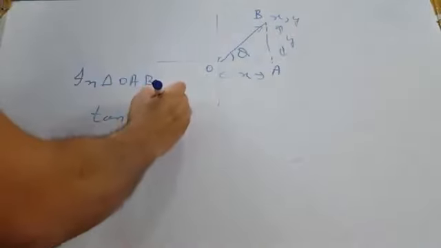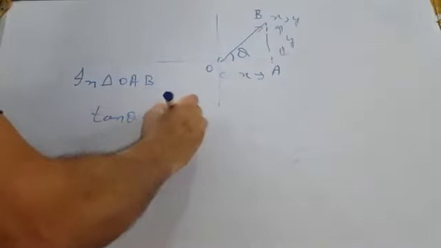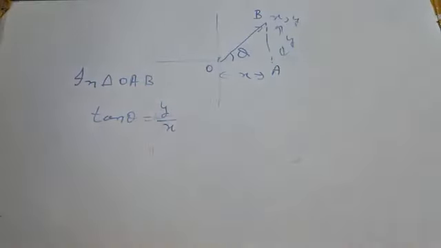So tangent theta will be y by x. So if you know the coordinates of the particle at any time and you want to calculate the angle of that vector with the x-axis, the tangent of that angle will be y by x. This property will be used in this topic.